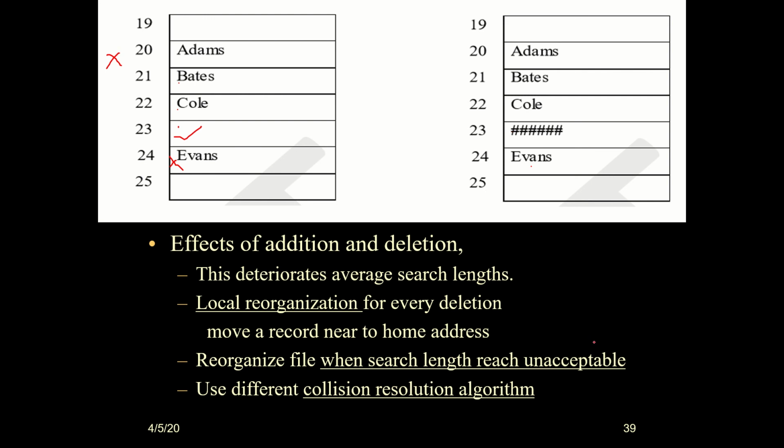After deletion, the search length can keep growing or reach an unacceptable level. In those cases, moving the lower keys towards the home address will be beneficial to improve the search length. Or you can use other collision resolution techniques so that searching time is efficient and the search length is reduced.